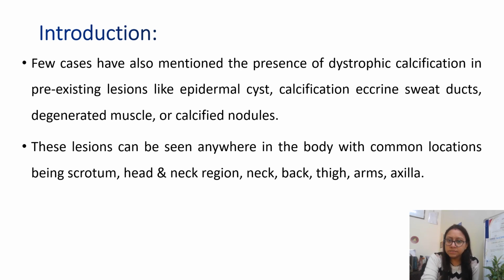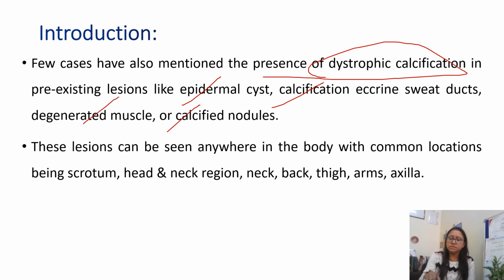So they said that there is dystrophic calcification in a pre-existing lesion, meaning the patient had something before, like entities such as epidermal cyst, calcification in eccrine sweat ducts, then degenerated muscles or calcified nodules, and there this dystrophic calcification is getting deposited. So these lesions, calcinosis cutis, can be seen ubiquitously anywhere in the body.